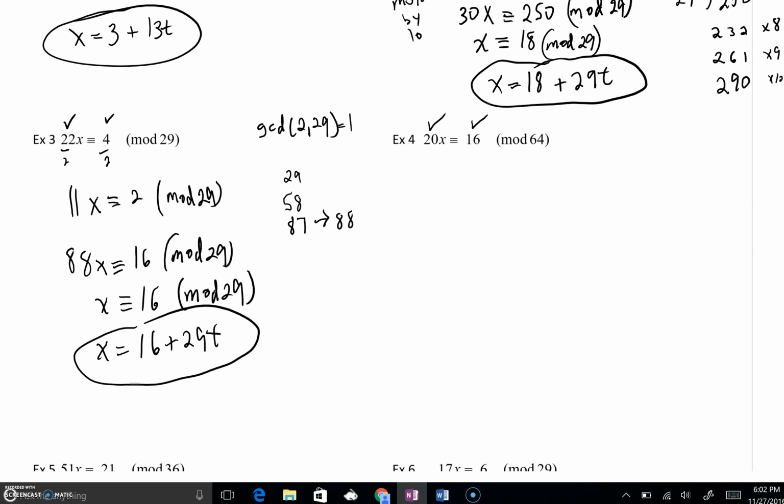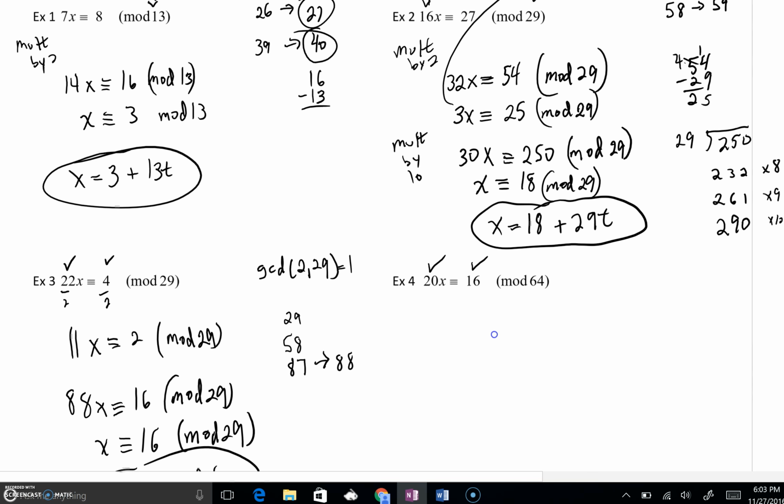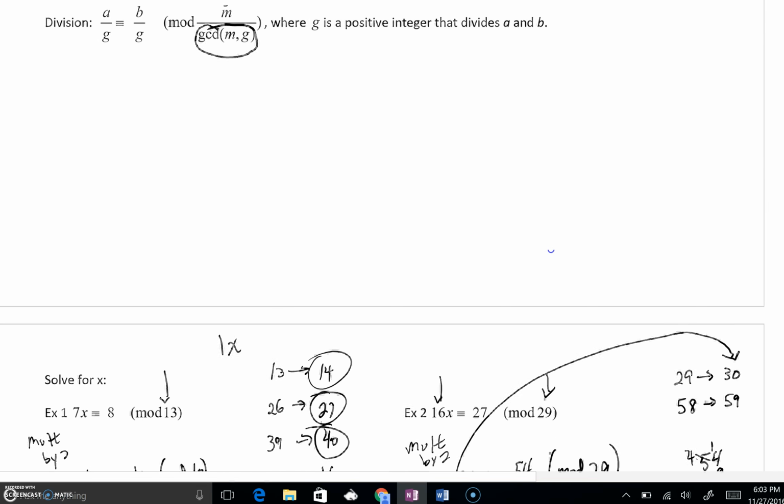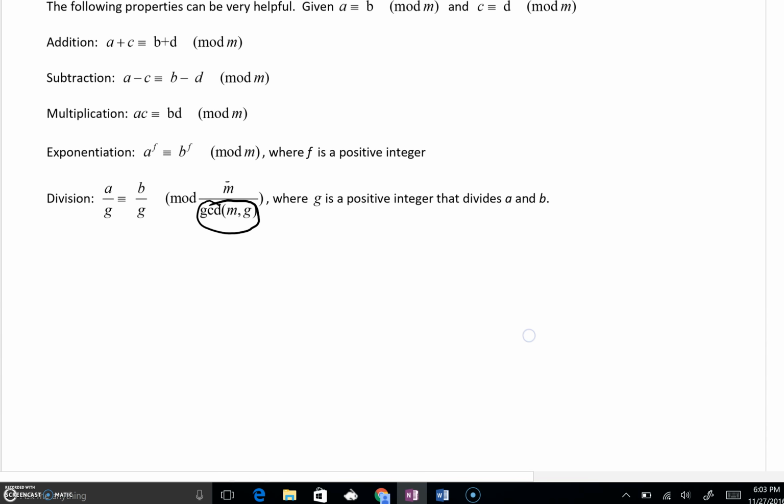And you might wonder, could I actually simplify this congruence by dividing out a 4? You can, but this is where we go back to this previous property of division, where you are allowed to divide out a common factor, but you very well might change your modulus when you do this.